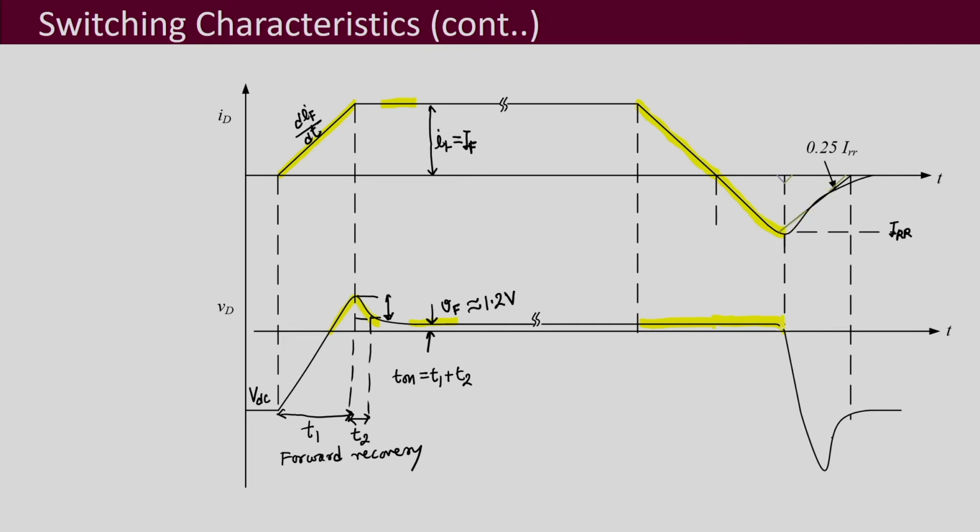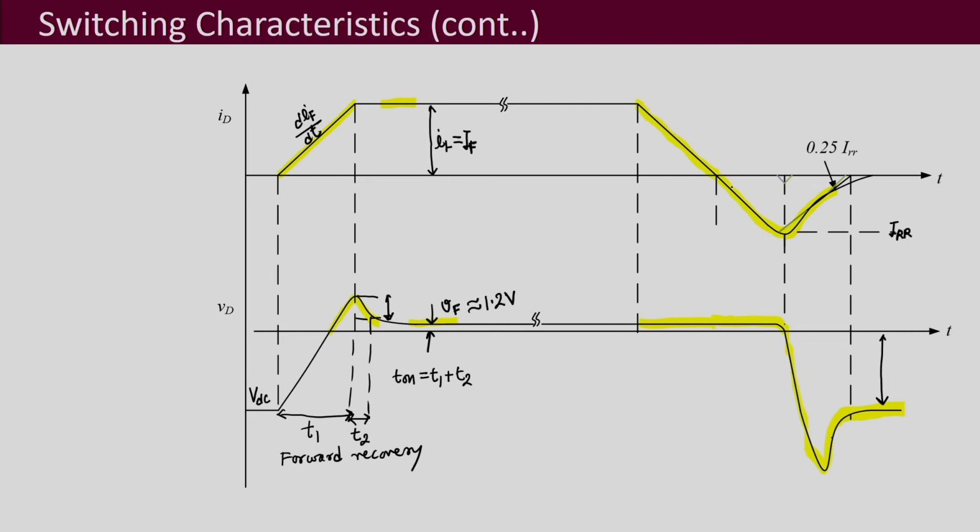At that time the diode voltage builds up very quickly in the opposite direction, and there is also a shoot through over here, and then it comes back to its blocking voltage, which is equal to VDC.